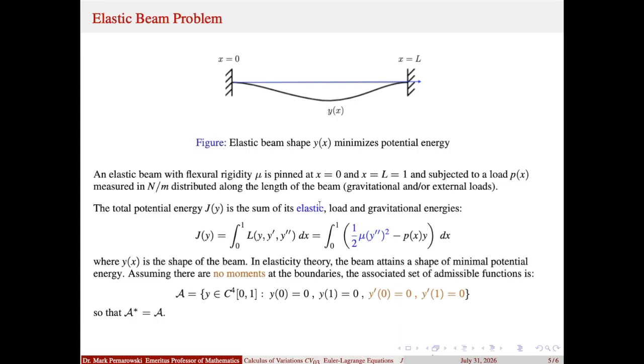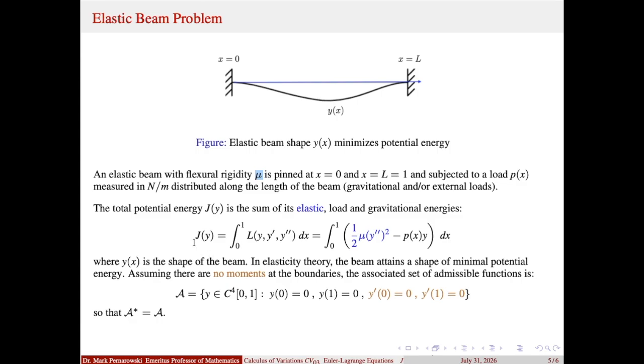We're just going to say we trust these people, and we're going to look at how they compute the total potential energy. The total potential energy of this shape depends on how deep it goes and how much tension there is in the beam, and the beam itself has a property called the flexural rigidity, and that's going to somehow affect the elastic potential energy. So here we go.